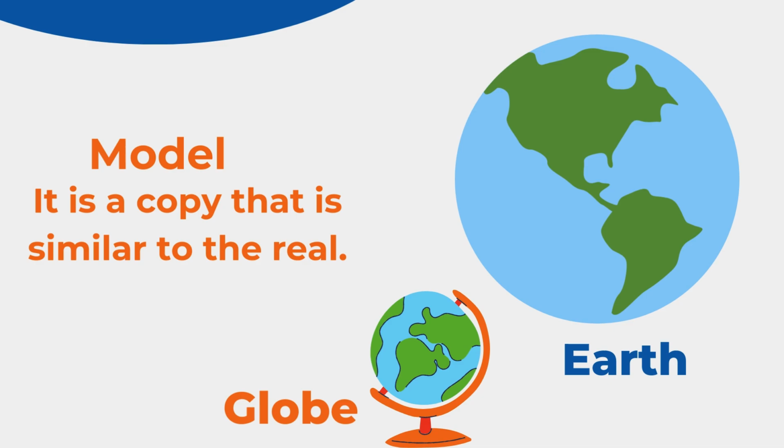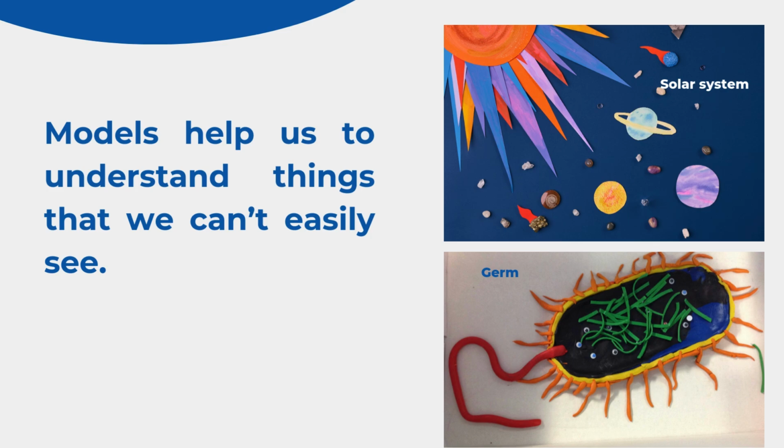Okay, so models help us to understand things we can't see easily, because it is very, very big, or because it is too small, like the particles, like the germs. So the models may be drawings of these things or objects like the globe, or ideas that represent the real event or object or process.